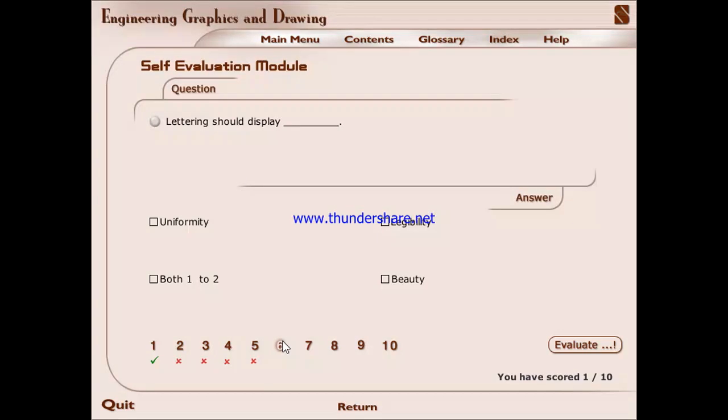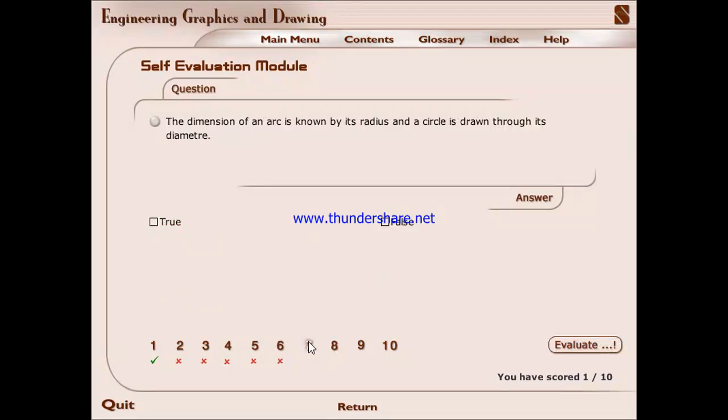Now next, lettering should display uniformity. And similarly, the dimensions of an arc are known by its radius, and a circle is drawn through its diameter. False.